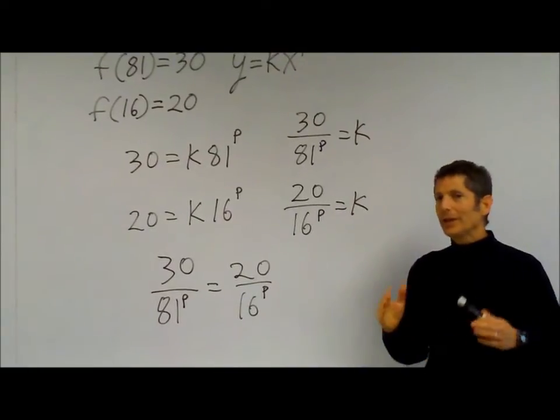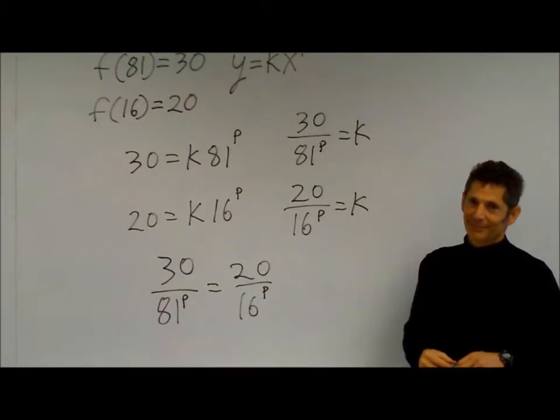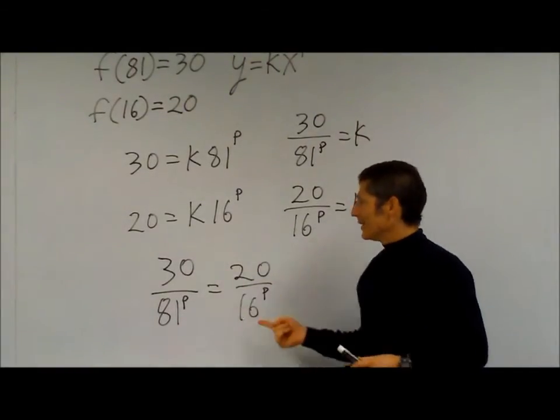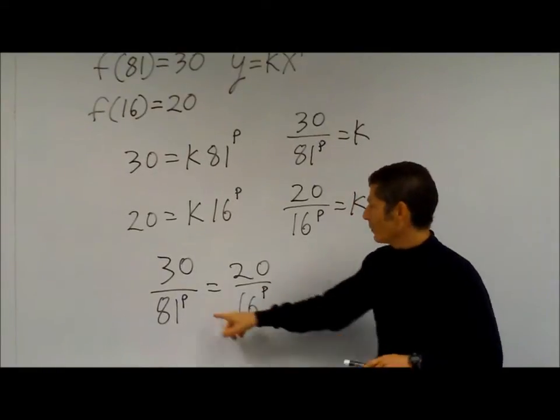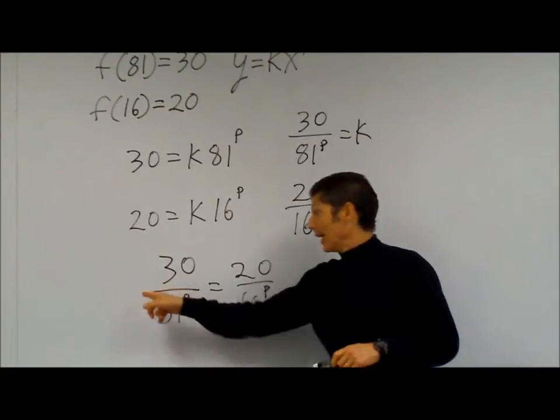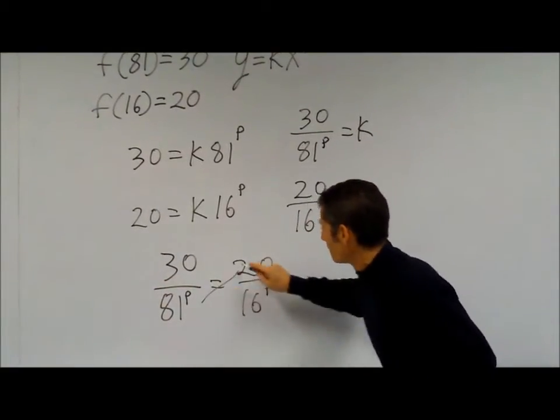I do. Now I really hate to use this term. You know the term? You're going to say it, I know. I'm going to say cross multiply, but really I'm going to multiply these and these, but you really know what I'm doing. Really what's happening is I'm multiplying both sides by 81 to the p, and I can simplify by getting rid of the 81 to the p there.